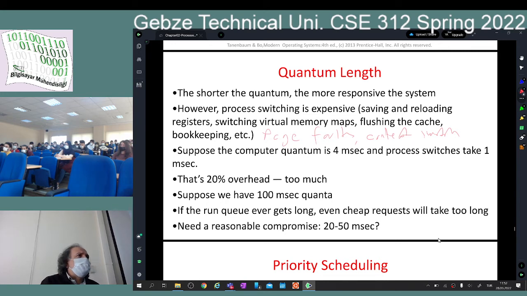Should I make it longer or shorter? If you make it longer, that means that process is going to use lots of CPU time. If you make it shorter, then there is lots of context switching, even though the process is not interactive. So longer or shorter?